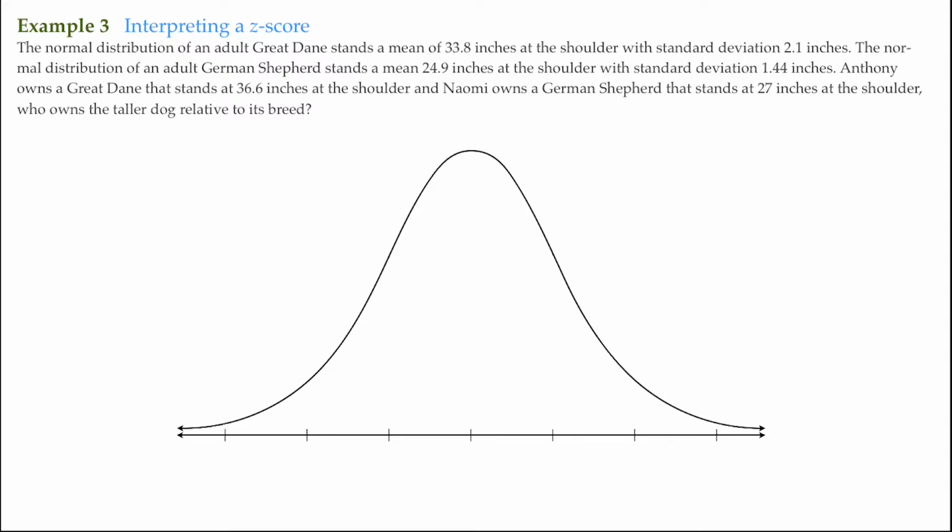The normal distribution of an adult German Shepherd stands a mean of 24.9 inches at the shoulder with a standard deviation of 1.44 inches. Anthony owns a Great Dane that stands at 36.6 inches at the shoulder, and Naomi owns a German Shepherd that stands at 27 inches at the shoulder. Who owns the taller dog relative to its breed? So according to its breed, who has the taller dog?